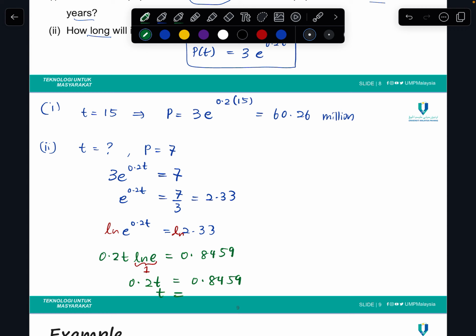So now you can solve your t by dividing 0.8459 by 0.2, so you obtain 4.229. And then you can write your conclusion. How long? It takes about 4 years for the population to be 7 million.